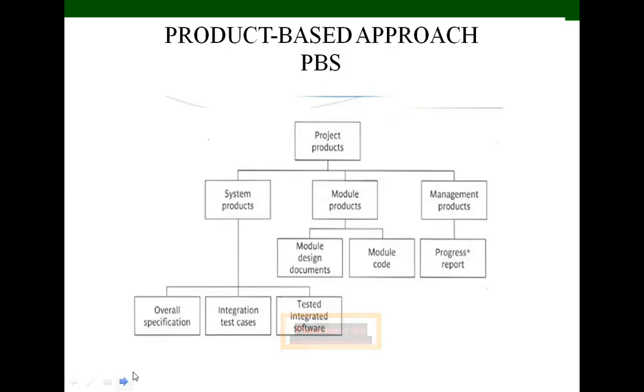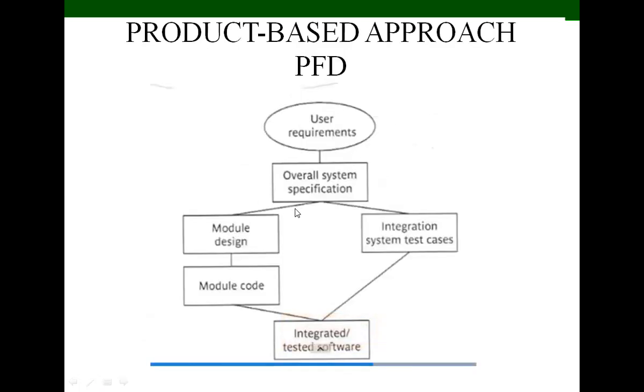Next, the PFD, the product flow diagram. Once a product breakdown structure has been created, work can begin on creating a product flow diagram, which identifies the order of precedence of the products, and will typically include multiple and complex parallel paths.